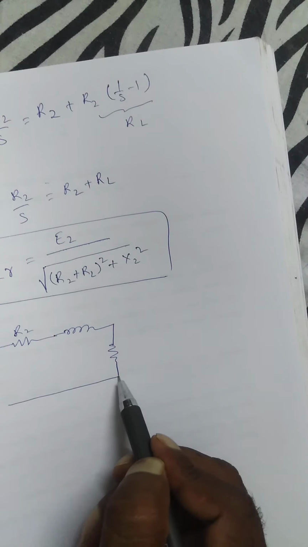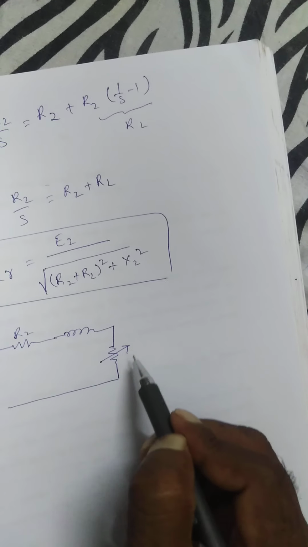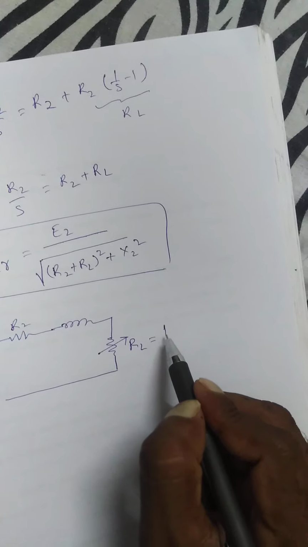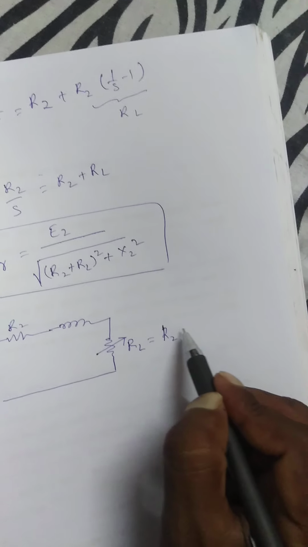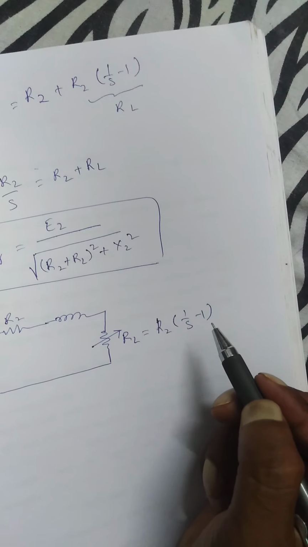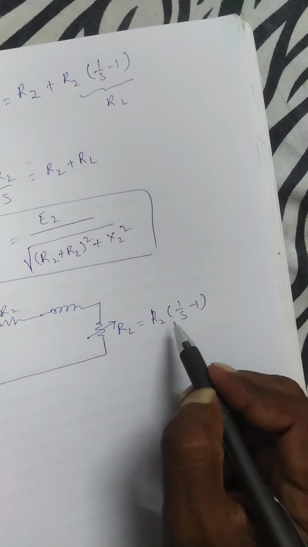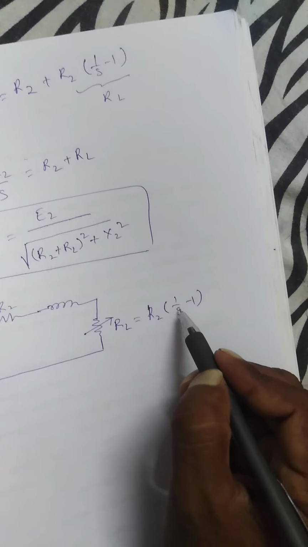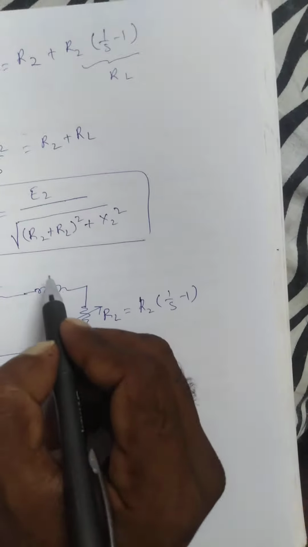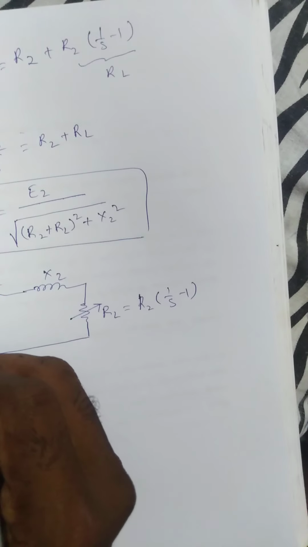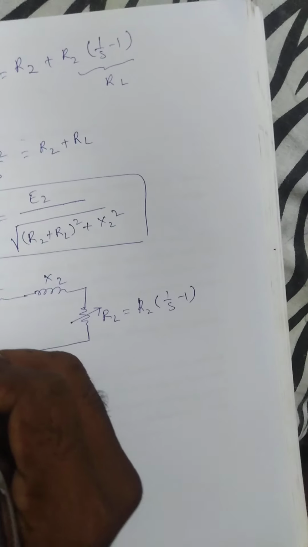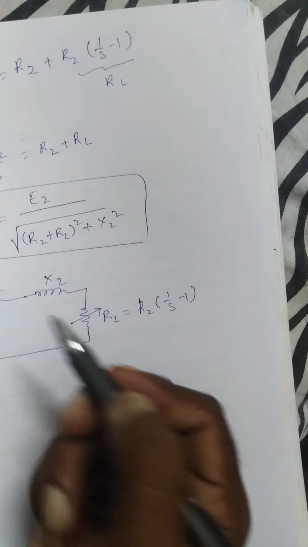The RL term is a variable term because RL equals R2 into (1 by s minus 1). So s is the variable term, and s values vary from 0 to 1. Here is X2, and here E2, the rotor EMF, and the rotor current I2 equals I2R.